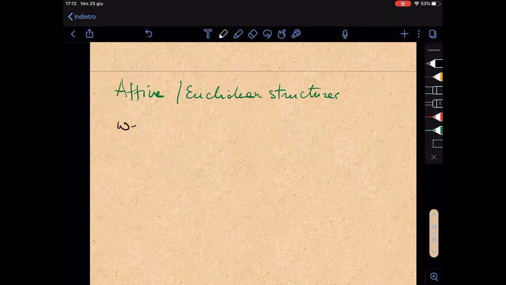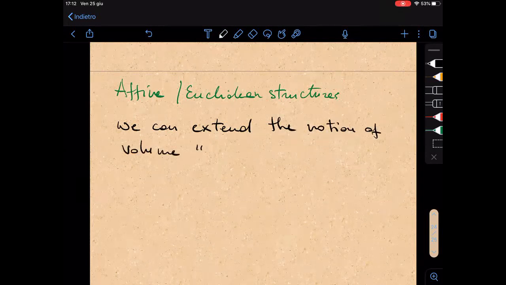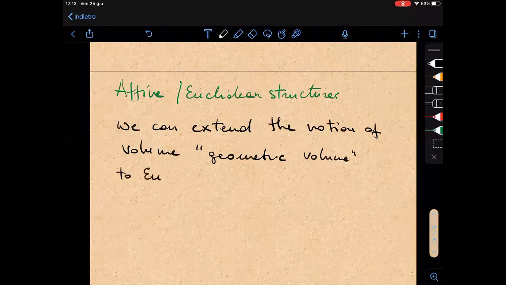We can extend the notion of volume, the geometric one, to Euclidean structures. So even if transition functions are not translations but are still isometries, so the structure may carry some singular Euclidean metric, then we can talk about the volume.